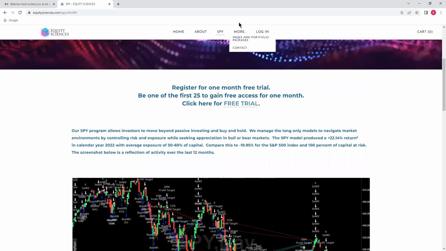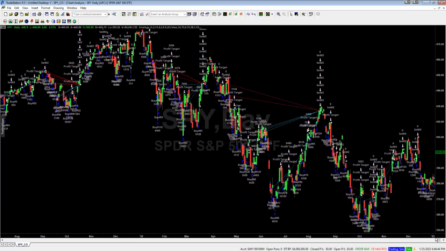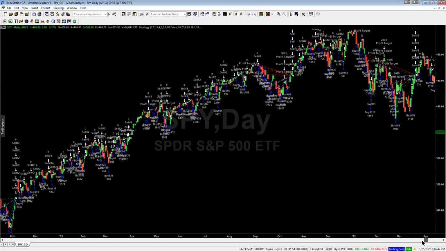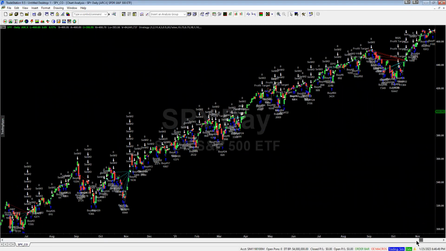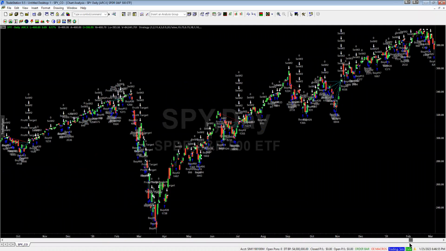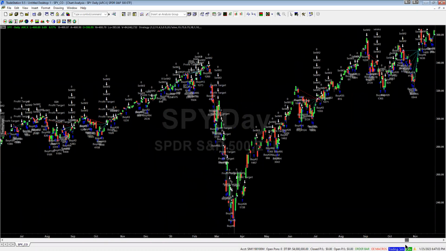So, as you can see, since 2019, there have obviously been some bull markets that it's benefited from, but there have also been some extreme deviated conditions, and the model still did pretty well.